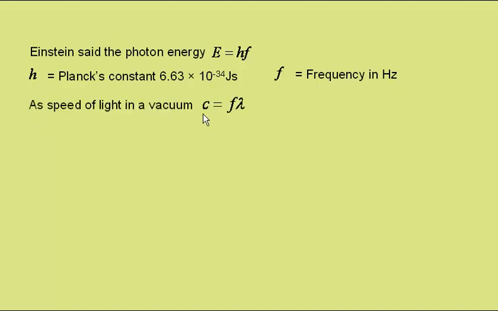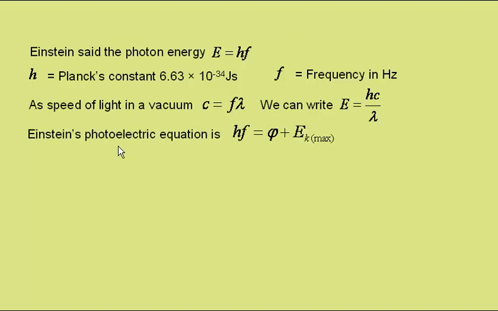As the speed of light in a vacuum c is equal to frequency f times wavelength lambda, we can rearrange and substitute for frequency in this term to give photon energy E is equal to hc over lambda. h is Planck's constant, c the speed of light in a vacuum, 3 times 10 to the 8 meters per second, and lambda the wavelength of the radiation.